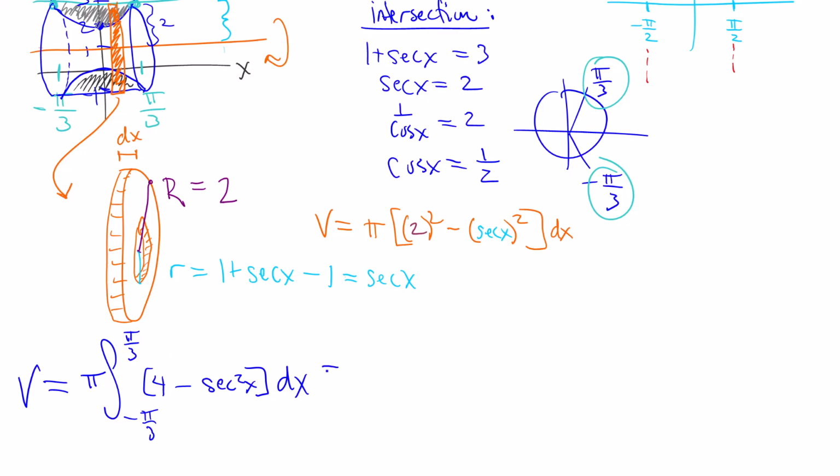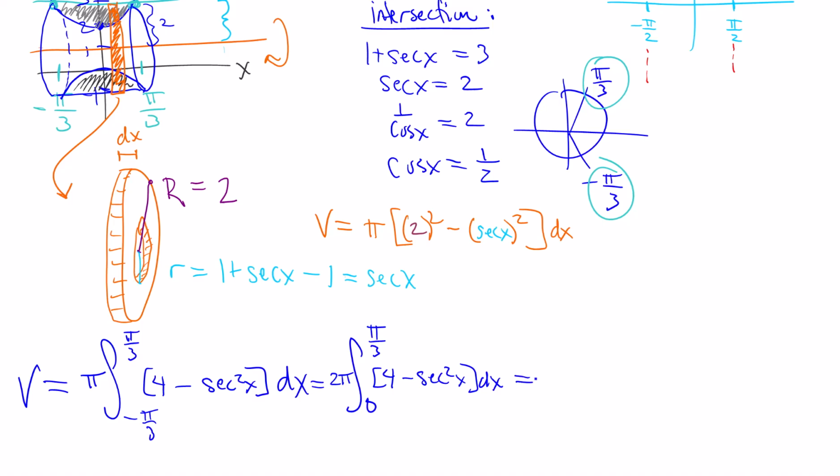So you could really say this is the same thing as the integral from 0 to pi over 3, which will be a lot easier to calculate with the 0 in place there, but then just multiply by 2. So instead of a pi out in front, we'll make it a 2 pi. Just a little trick. It only works when you have symmetrical values, or regions, which we do. So this is now the integral of 4 minus secant squared x dx. We're doing this from 0 to pi over 3.